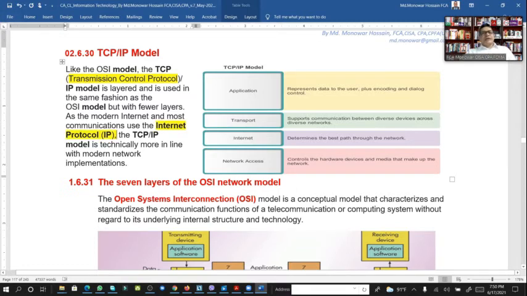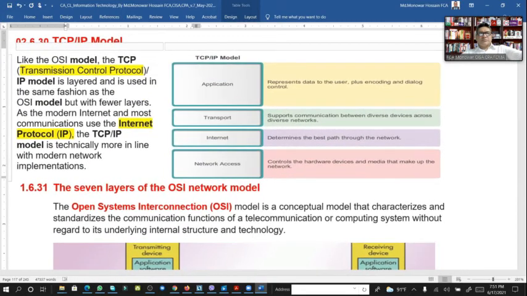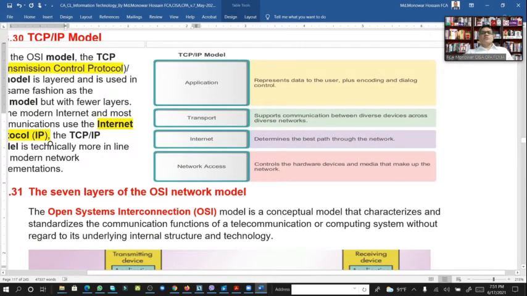It is layered and used in the same fashion as the OSI model, but with fewer layers. As the modern internet and most communication use the IP model, it is technically more in line with modern networks. So that is the TCP/IP model.